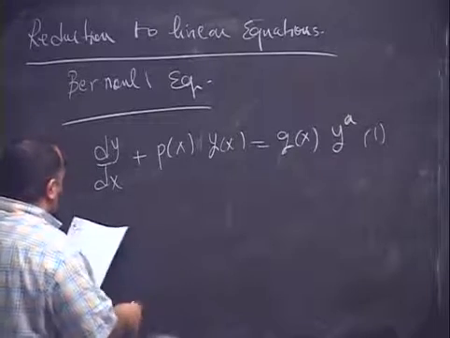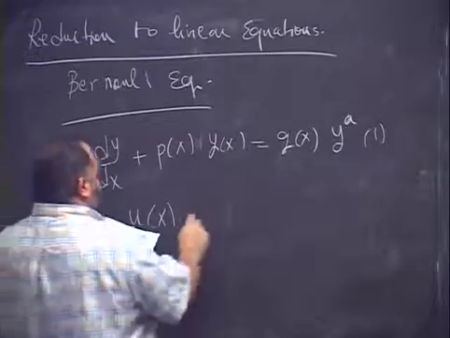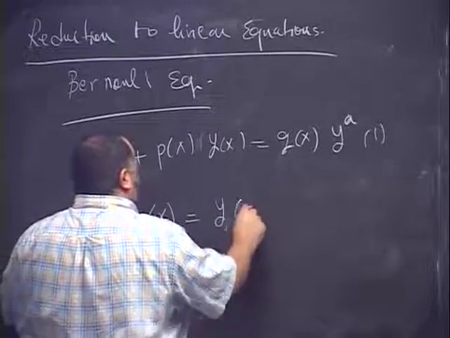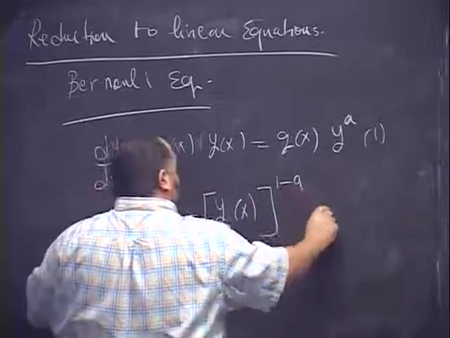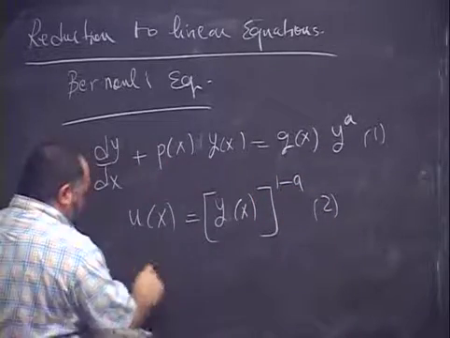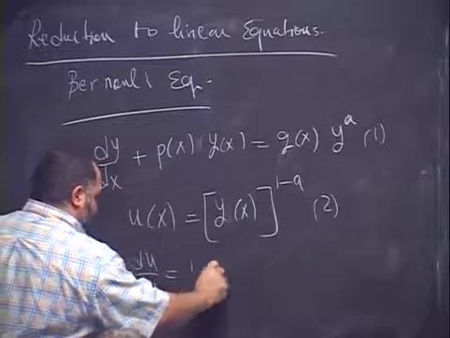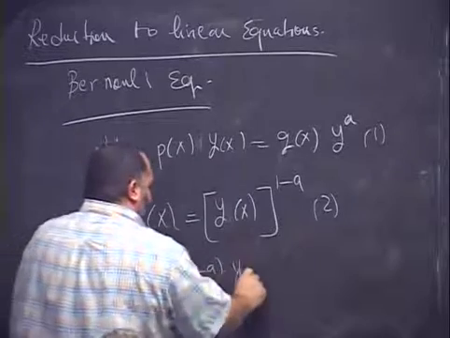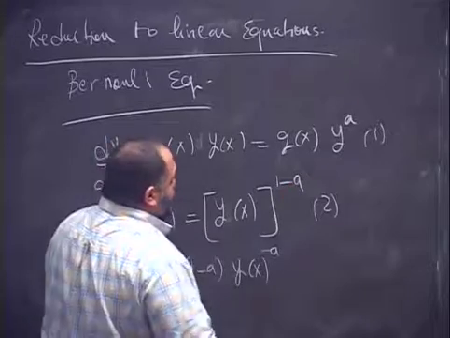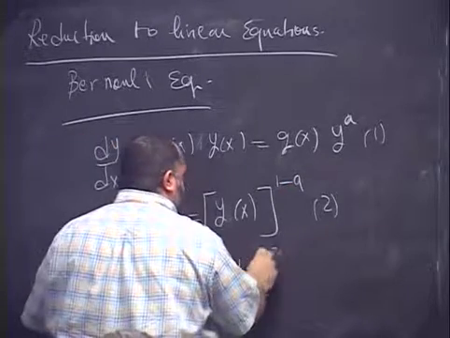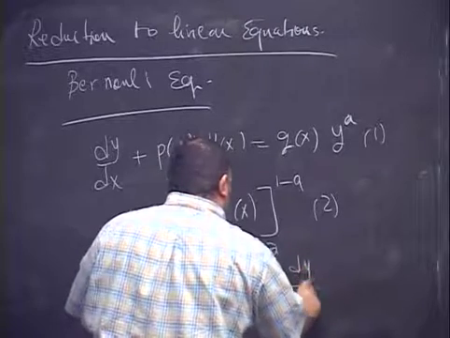In this case, you can pick up a function u of x equal to y of x to the power of 1 minus a. Call it equation 2. Differentiate this, so du by dx is equal to 1 minus a multiplied by y of x to the power of minus a, because 1 minus a minus 1 is minus a, multiplied by dy by dx.